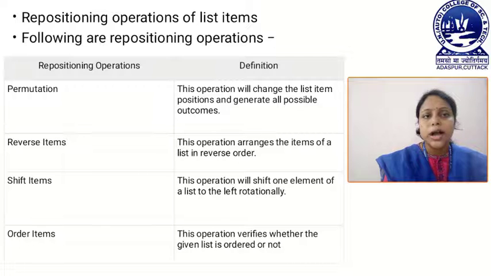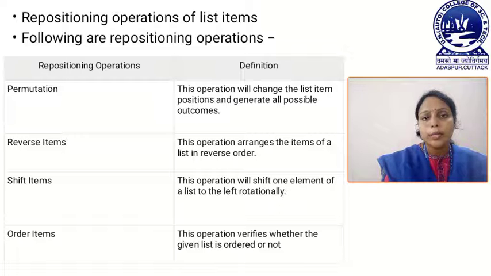This operation arranges the items of a list in reverse order. Then shift items. This operation will shift one element of a list to the left rotationally. Then next one is order items. This operation verifies whether the given list is ordered or not. These are the different repositioning operations in our list.